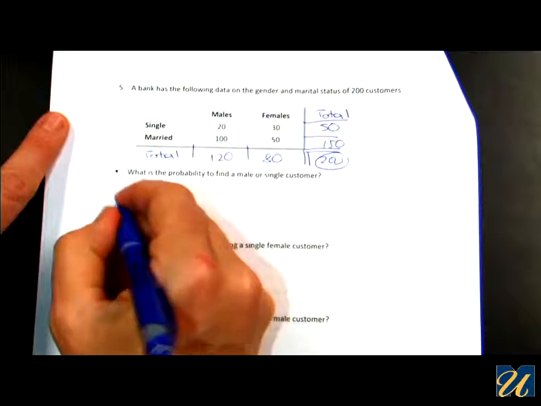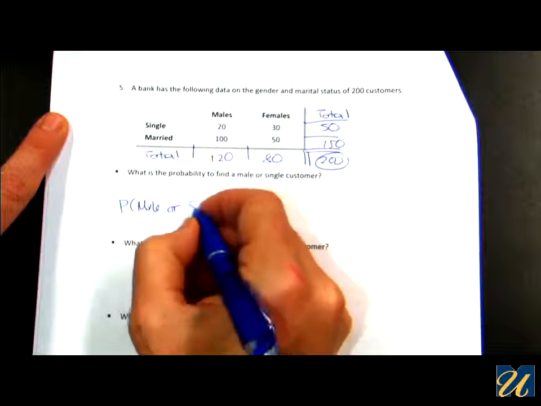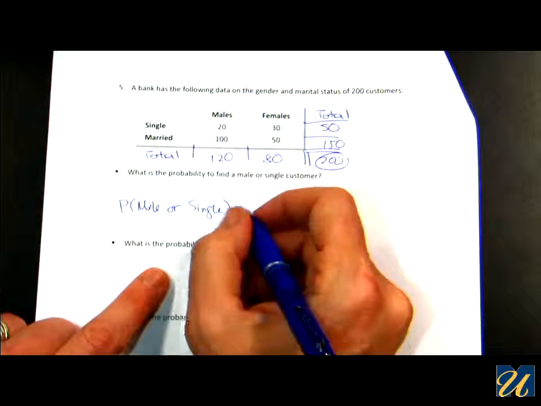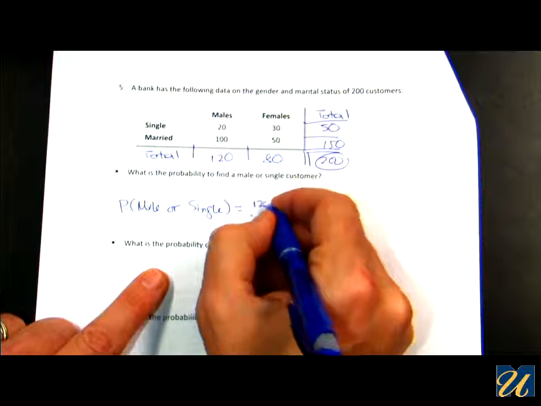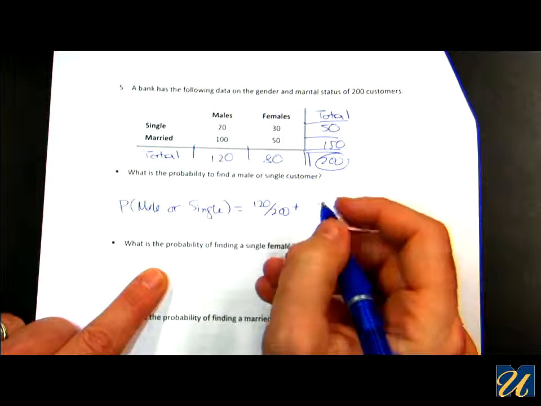What is the probability to find a male or single customer? So, male or single. Once again, you take the probability of selecting a male, which is 120 over 200, plus the probability of selecting a single.